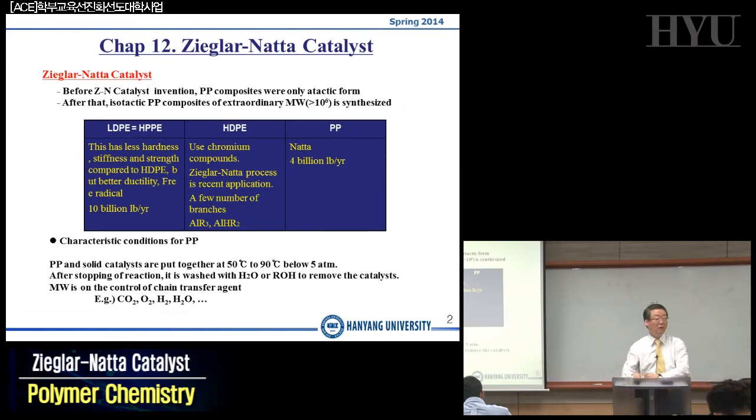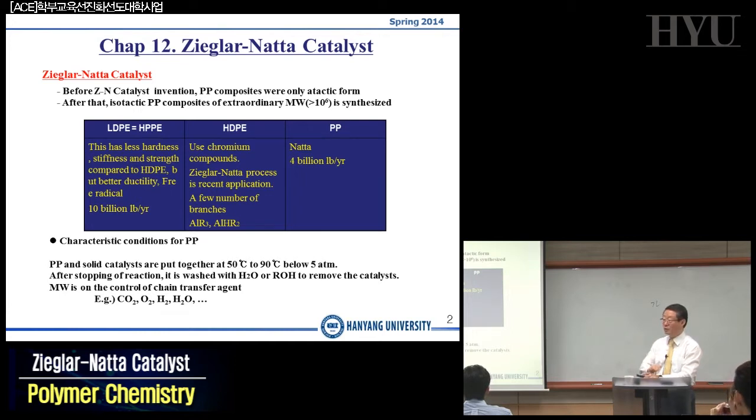So LDPE and HDPE have the same polyethylene repeating unit in your polymeric systems, but the density is quite different. You have a branched system in your LDPE, so it is very flexible, you can make very thick material, whereas with HDPE, you can use a very thin film for packaging purposes.